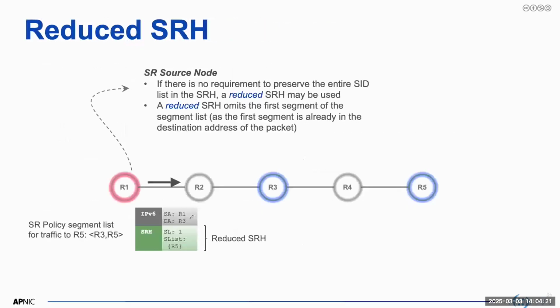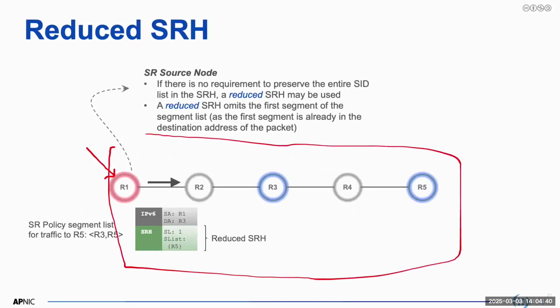So what does that mean? Let me go back to the diagram. If I'm receiving a packet here, it should be without SRH, because this is the start of the segment routing domain, and this is the whole segment routing domain.